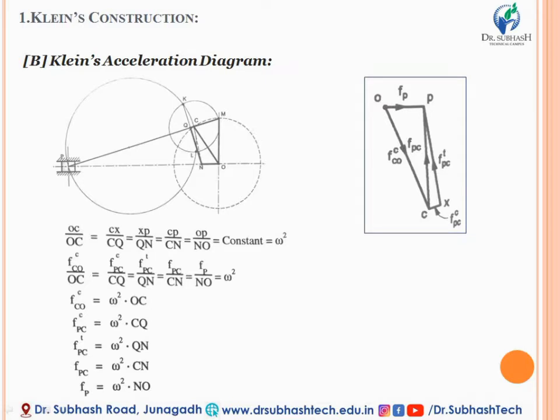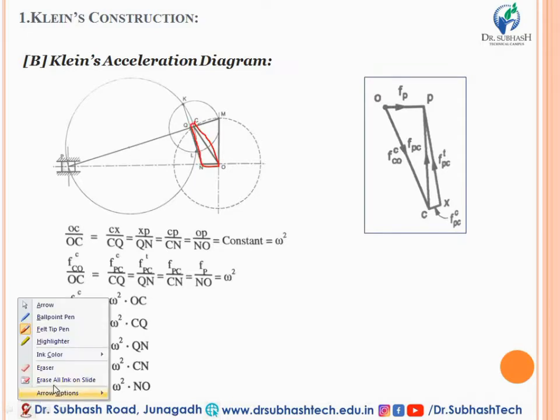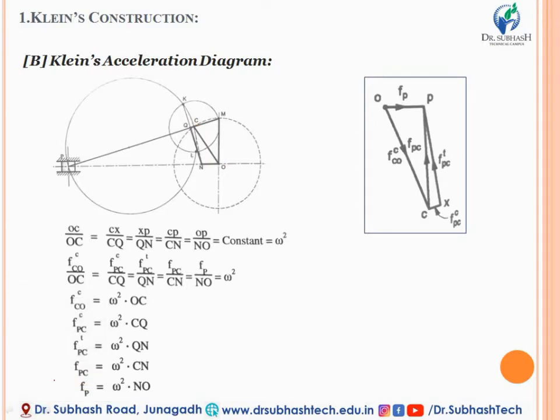Now if you carefully look at these two circles and join both intersecting points along with the crank, it will look like a quadrilateral, quadrilateral CONQ, formed by drawing both circles and joining the intersecting points with the crank.